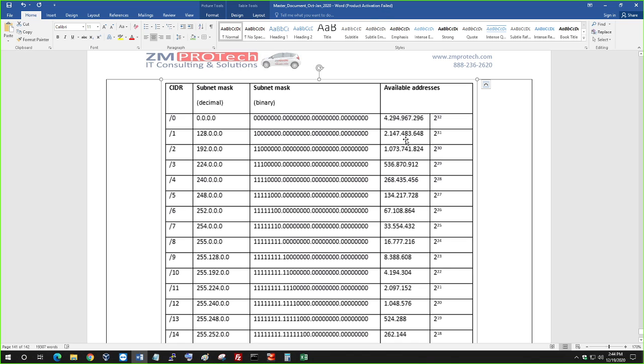That is not possible for individuals or organizations, but that's how it's categorized. /0 means you have a capacity of 2 to the power of 32 IP addresses. /1 means 128.